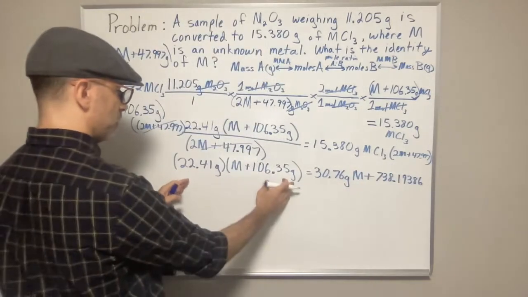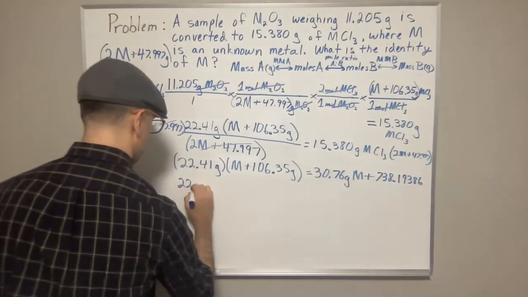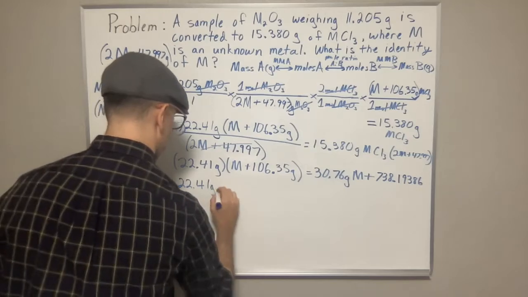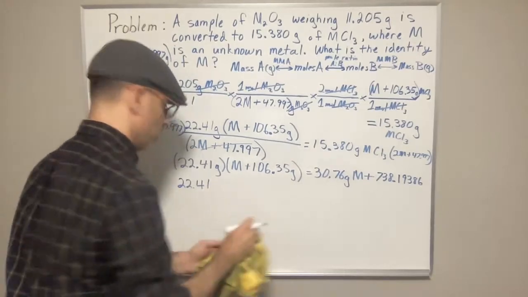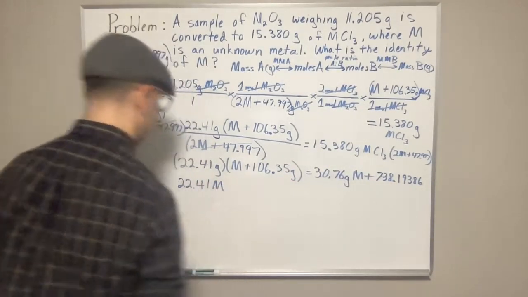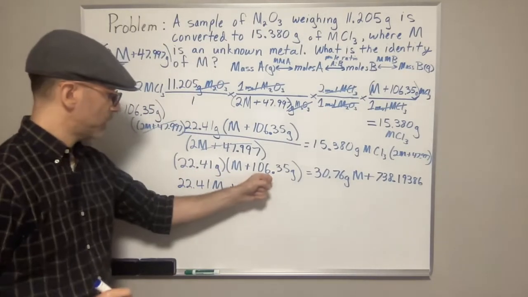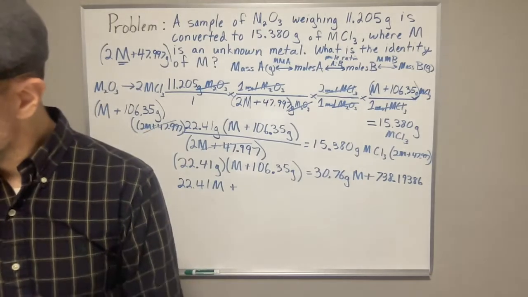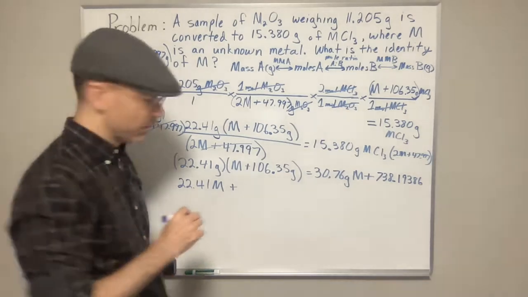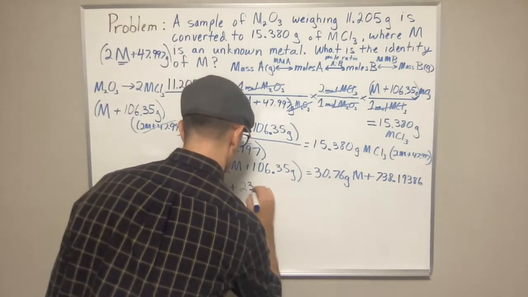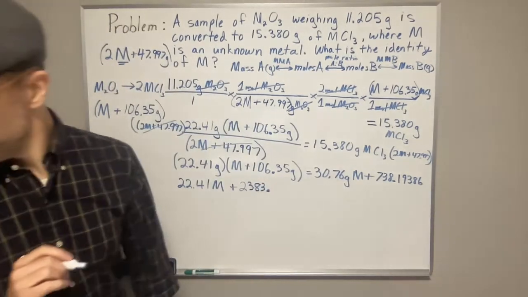We have this, and we can multiply this out as well. That's going to be 22.41 grams times M plus 22.41 times 106.35, and that's going to give us 2,383.3035.